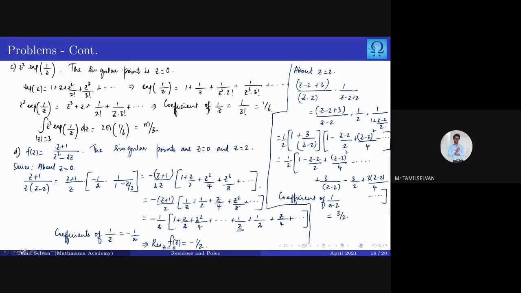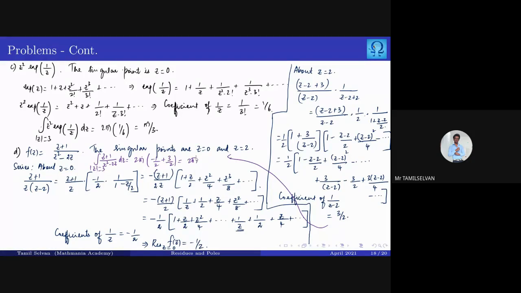Therefore the integral over absolute of z equals 3 of z plus 1 upon z squared minus 2z dz is nothing but 2 pi i multiplied with minus 1 upon 2 plus 3 upon 2, which is nothing but 1. Therefore, the integral value is equal to 2 pi i.